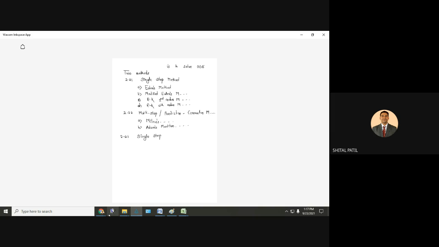So we'll start with the single step method. Okay. Right, one. Euler's method.